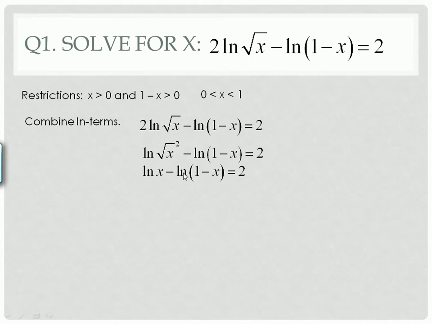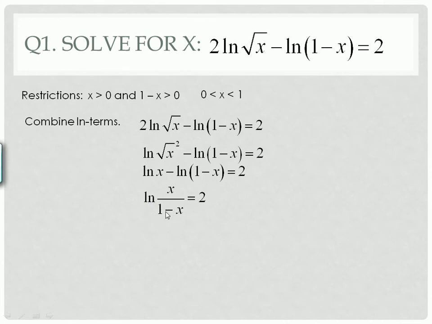So now I have the difference of 2 logs. And with the difference of 2 logs, you can combine this using what's called the quotient rule for logarithms. The quotient rule says to combine these 2 logs, I need to take the quotient of the arguments of the logs, or rewrite this as natural log of x divided by 1 minus x, and then it's equal to 2. So now to solve for x, I need to get the x's out of the argument of the log.